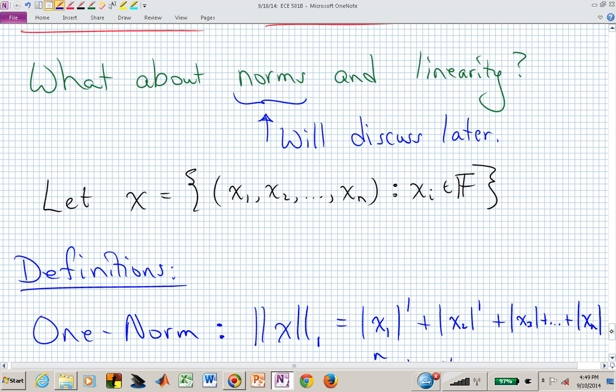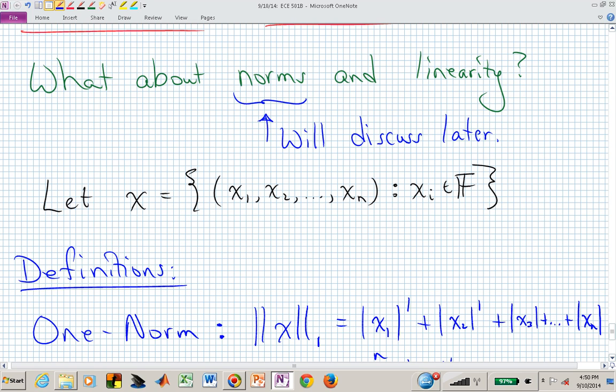So I'm just saying any x is going to have this form where all the coordinates are coming from, let's say, the set of reals or the set of complex numbers.